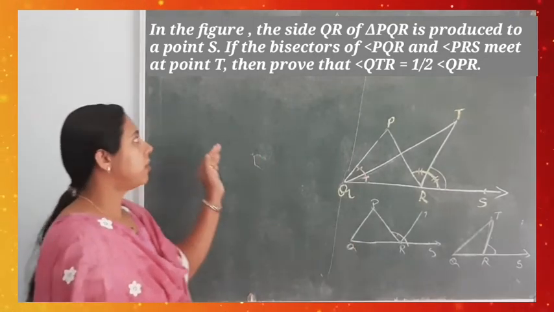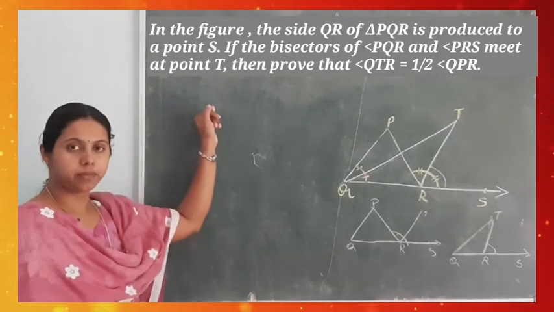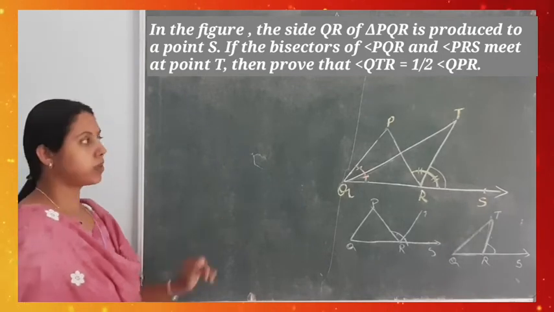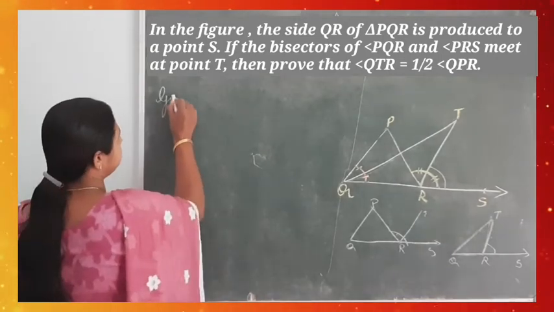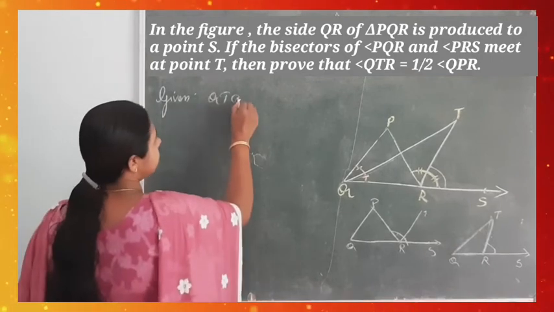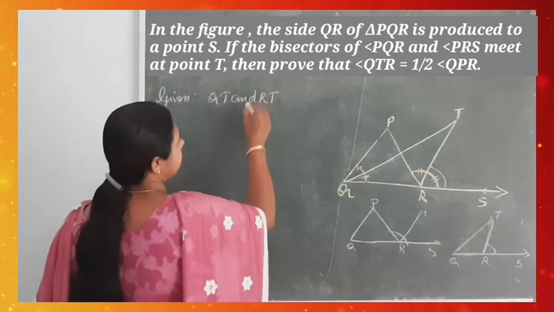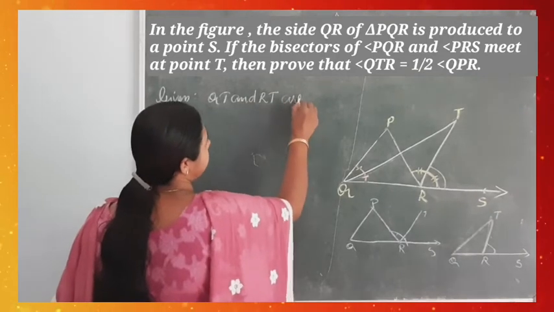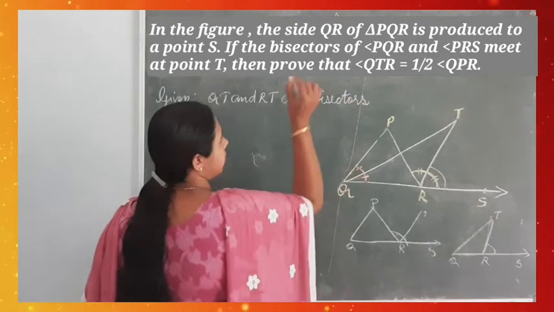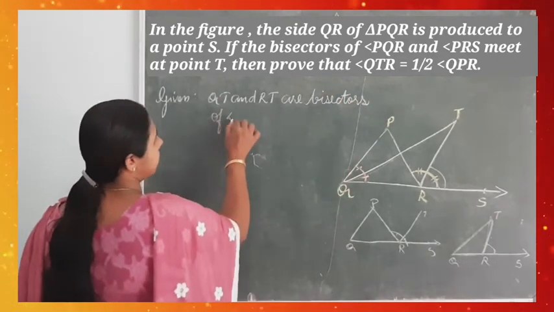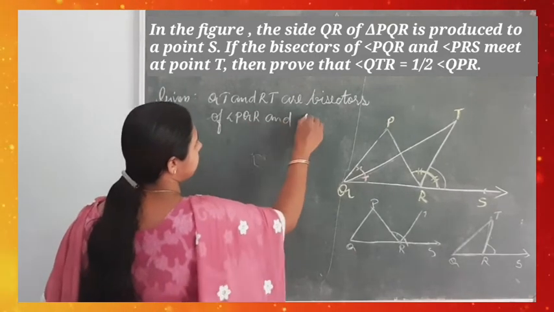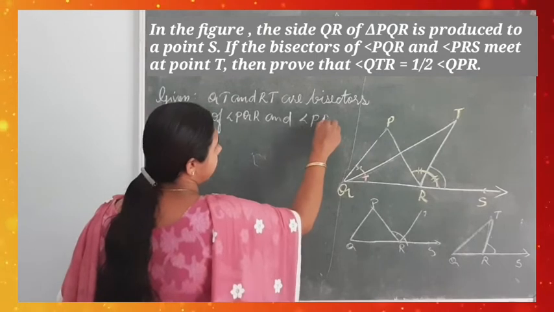And first of all, you have to write what is given and what you have to prove. Then you should write the proof. So the given thing is QT and RT are bisectors of angle PQR and angle PRS.